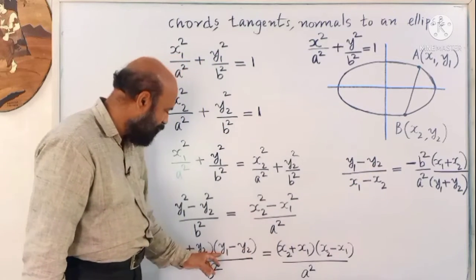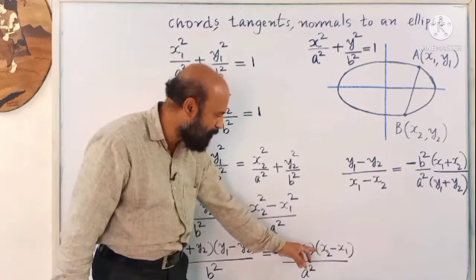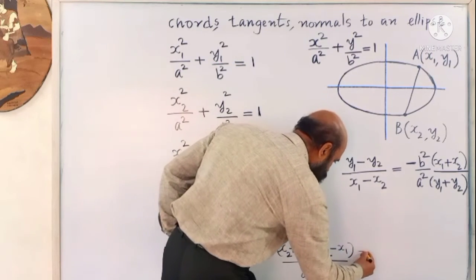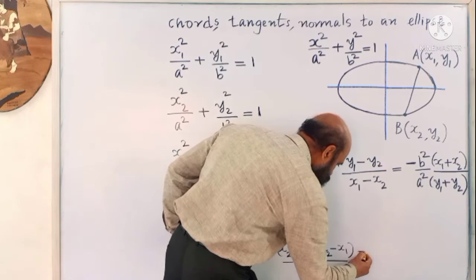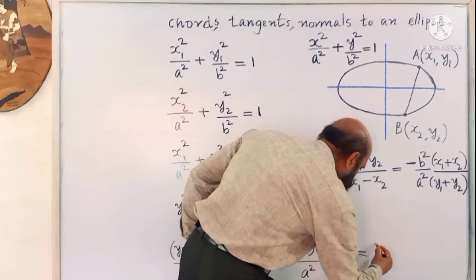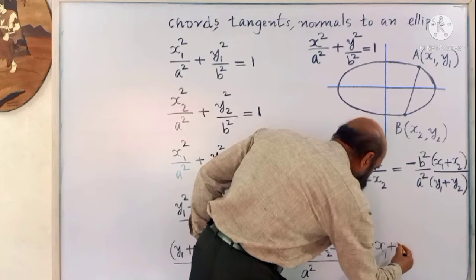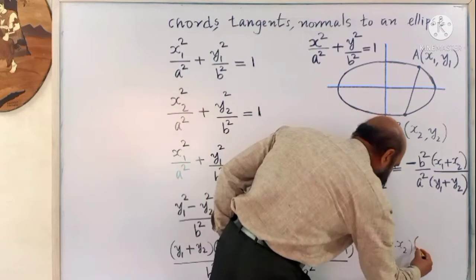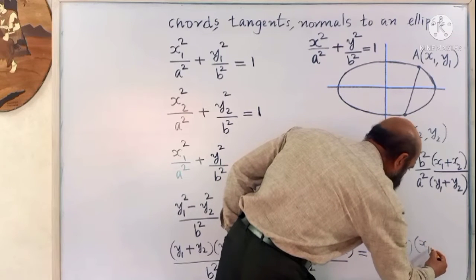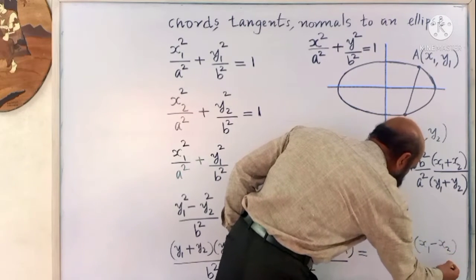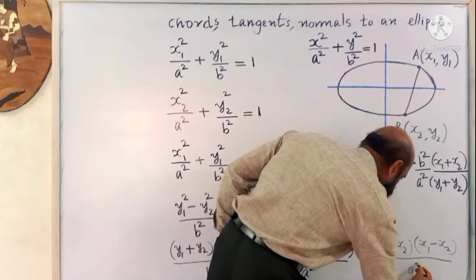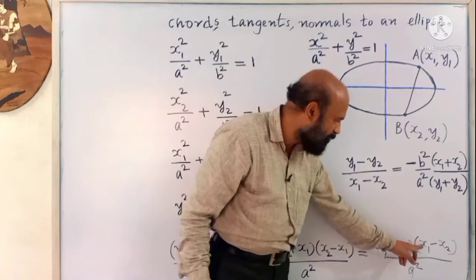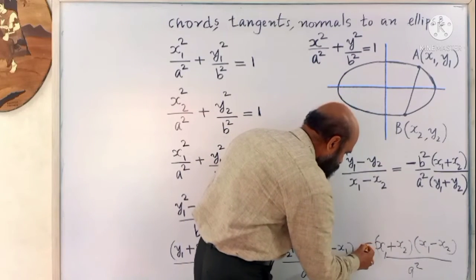So we want y1 minus y2, and here we have to make it x1 minus x2. So this can be written as x1 plus x2, and x2 minus x1 we write as x1 minus x2 by a square. When we change x2 minus x1 to x1 minus x2, there will be a negative sign.